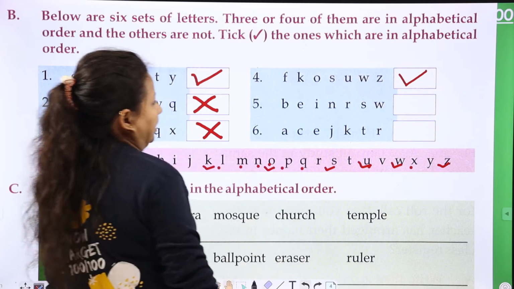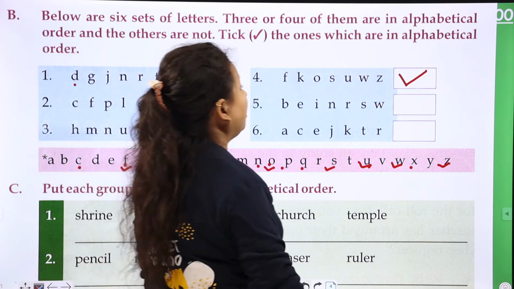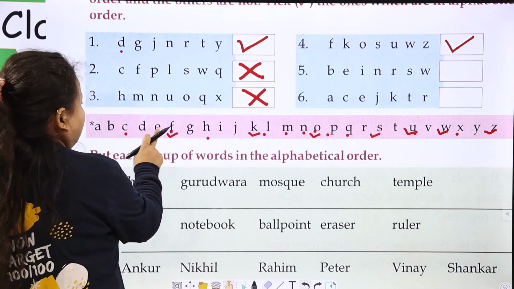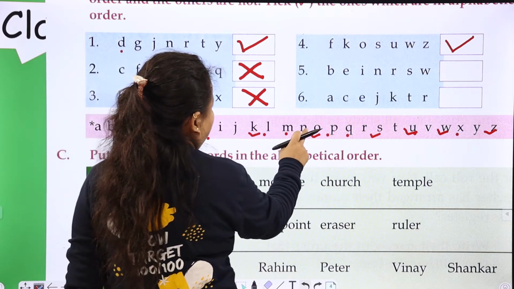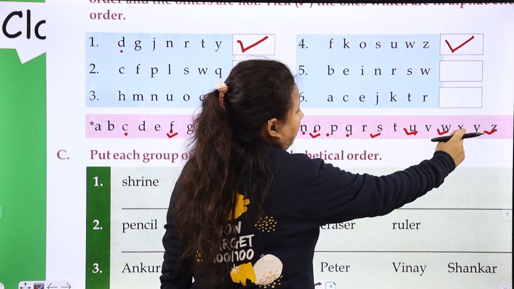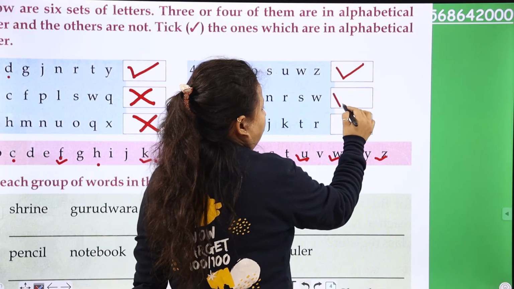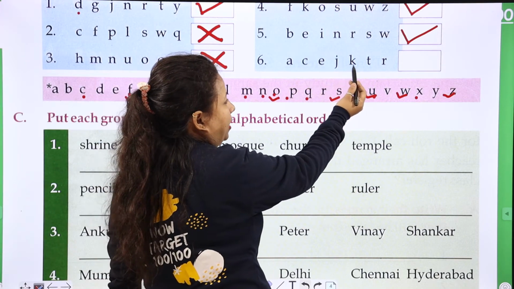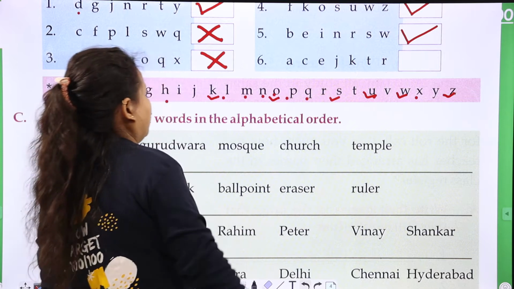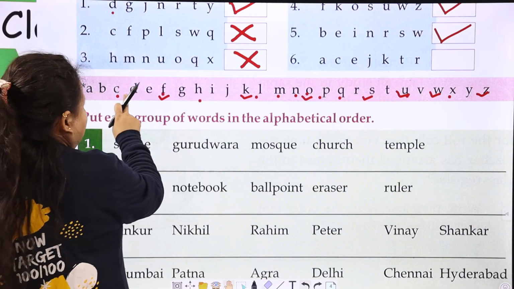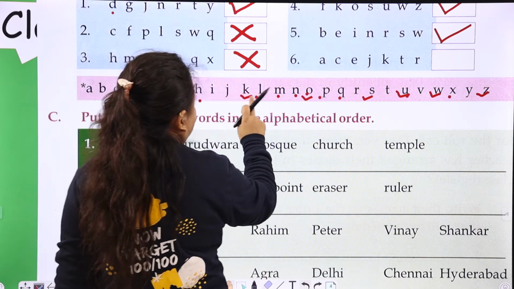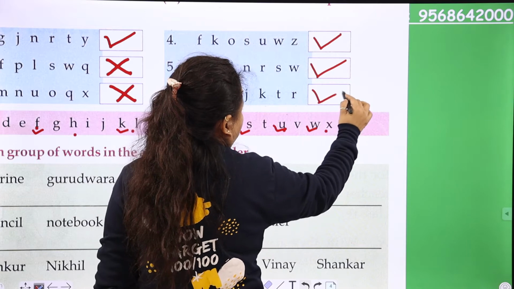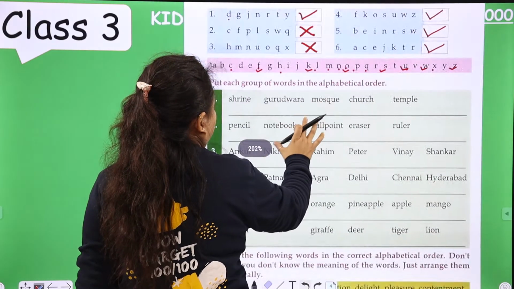Next is B, E, I, N, R, S, W. So, B, E, I, N, R, S and W. A, C, E, J, K, T, R. So, A, C, E, J, K, T and R. So, we have to take the right mark.